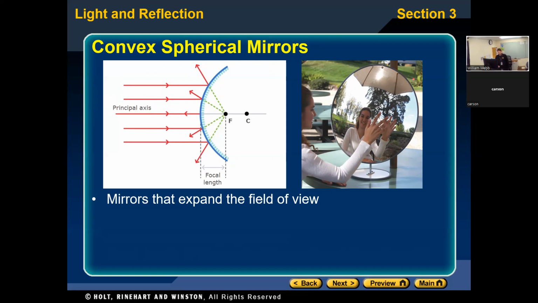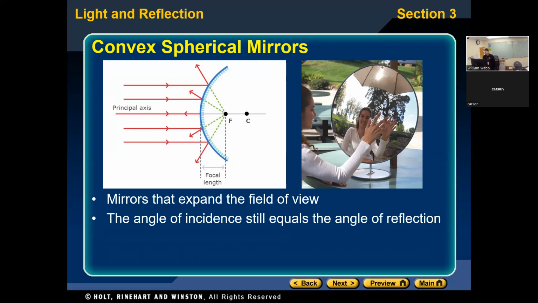So for convex spherical mirrors, the center of curvature has to be behind, right? Because it's the center of the circle if we made it a whole sphere. And so the only way to make that mirror a sphere is if we go this way. So the center has to be behind it, and therefore the focal point has to be behind it as well.